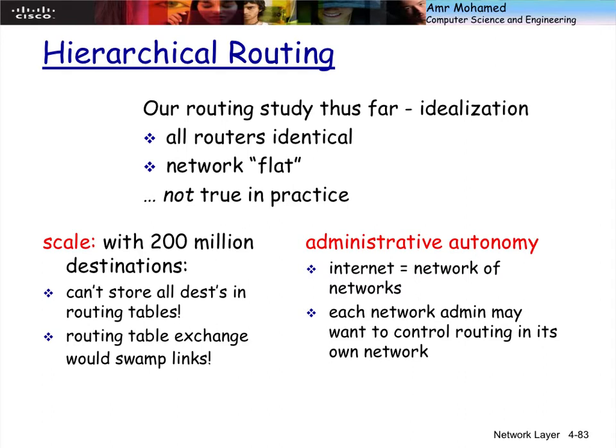So hierarchical routing came to solve that problem. So we will have inter-domains, we will have multiple domains in the internet, okay? Every domain will have its own control for their infrastructure, and they may be allowed to run whatever routing protocol they deem appropriate.